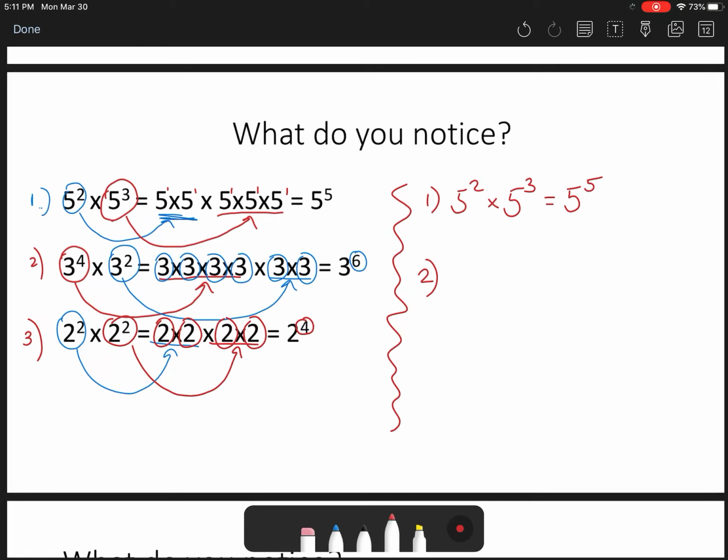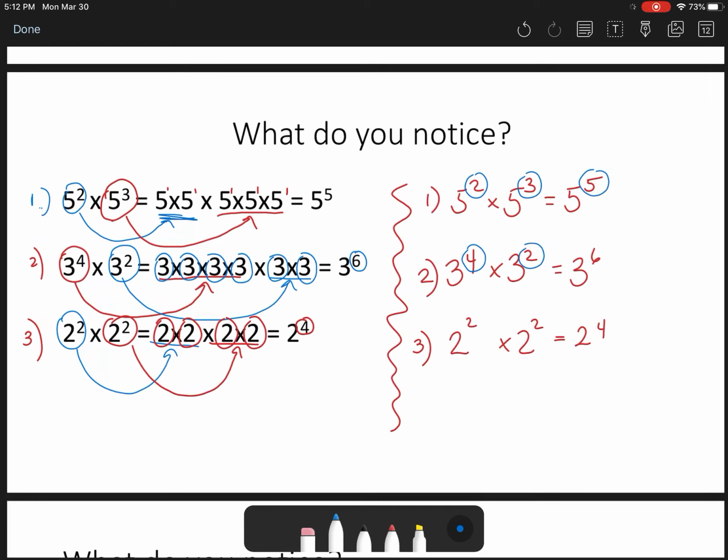Number 2, we had 3 to the 4th times 3 squared. Our answer was 3 to the 6th. And number 3, we had 2 squared times 2 squared, and our answer was 2 to the 4th. What do you notice about your exponents?